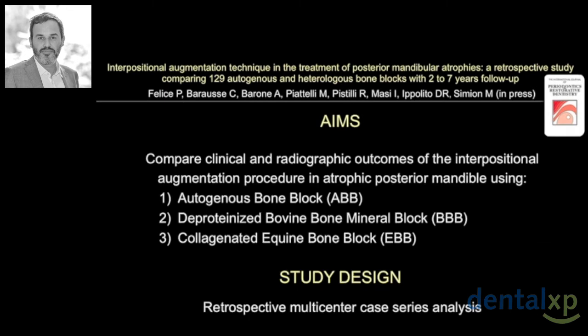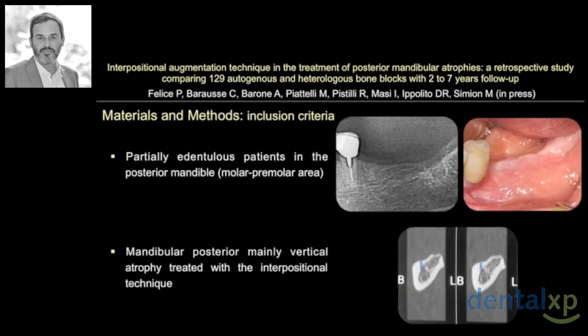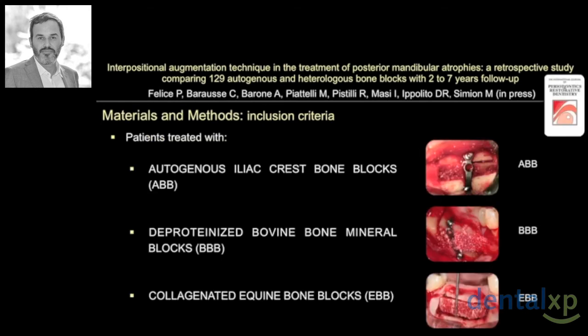We collected all the inlay procedures done in the past years. Our patients have this characteristic, atrophic posterior mandible. These are the materials we compare: autogenous iliac crest block, deproteinized bovine bone mineral, and collagenated cancellous equine bone blocks.